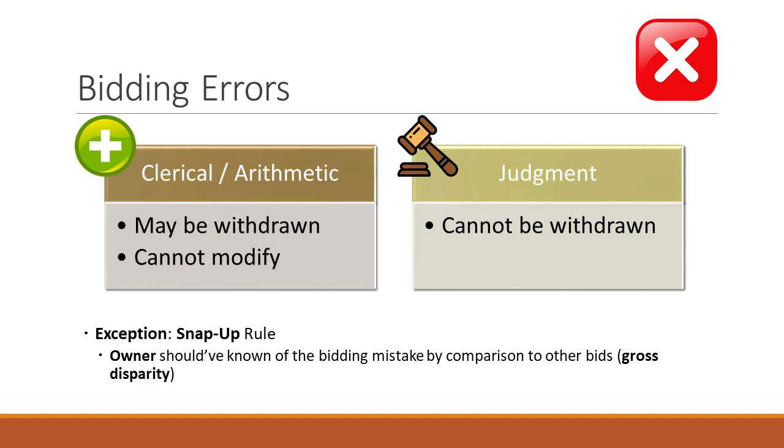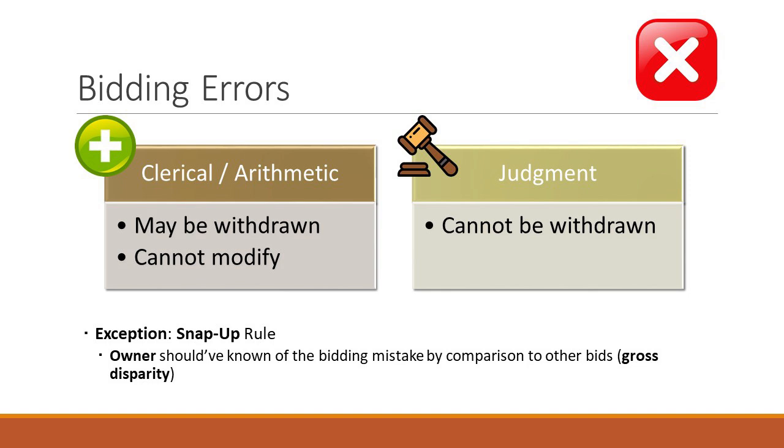If the owner should know that the bids are so grossly underbid, but snaps it up because they wanted to get that best price, the contractor, even if they had a judgment error, can come back and say, you can't do that. I want to withdraw it because you're taking advantage of what you should have seen.